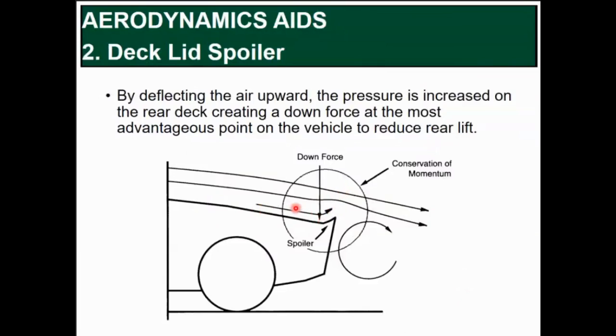Macam kita tengok F1 car kan, siapa yang pernah tengok F1 car, sebelah belakang dia ada rear spoiler, aerodynamic aid. Maksudnya dia akan reducekan vehicle punya rear lift. Maksudnya vehicle tu akan ke bawah to the ground.